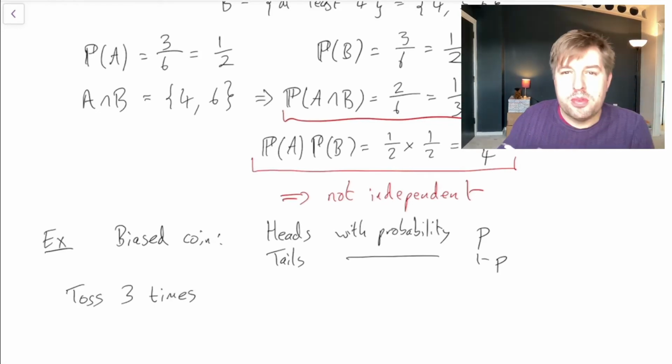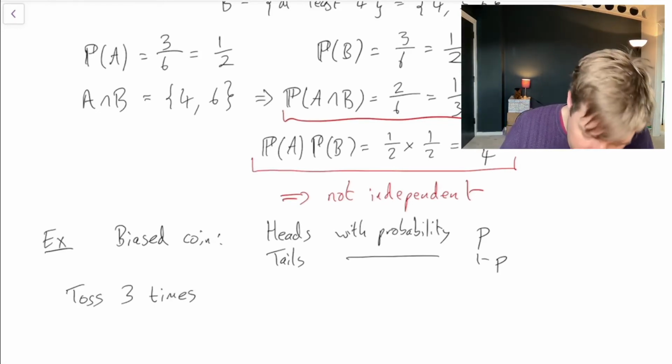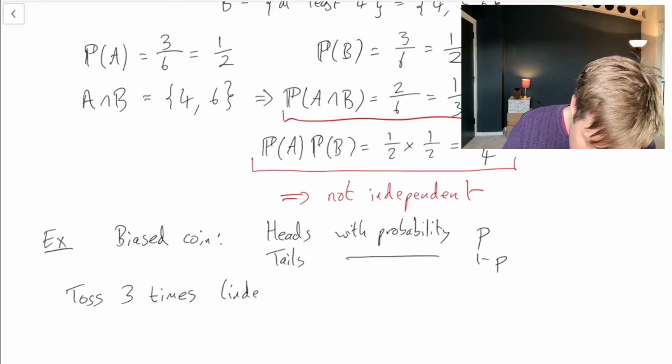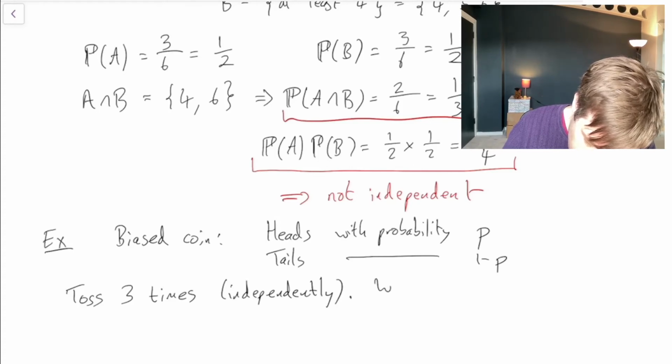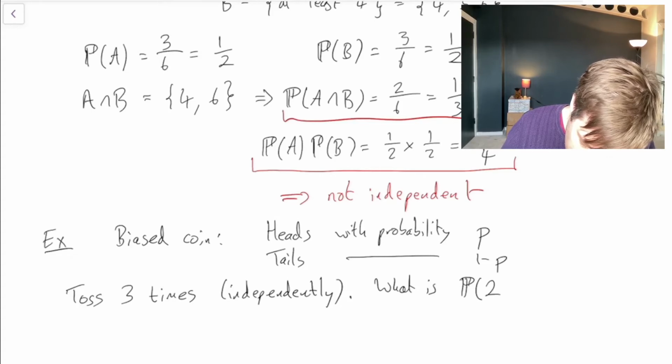And it seems fair to assume that these 3 coin tosses are independent, right? Because we're going to do them one after another separately. I want to know what's the probability of exactly 2 heads.